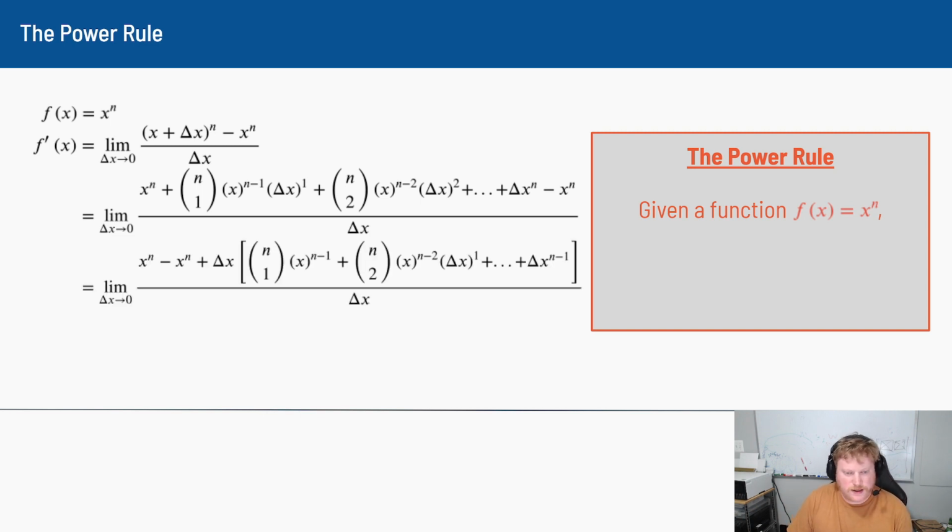So all I've done in this next step is sort of rearrange things. I've moved this minus x to the n to the front because I know it's going to cancel with this x to the n. And out of each of these terms, notice there's a dot, dot, dot here because there's actually a lot of terms here, right? I have factored out one factor of the delta x because there's going to be a delta x in each of these terms. So I have factored out a delta x.